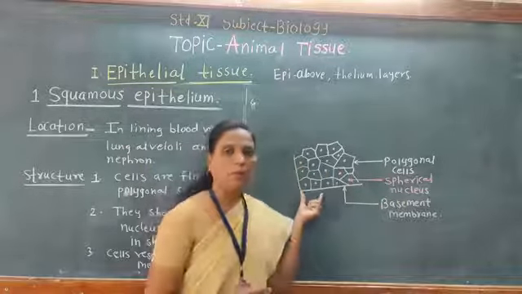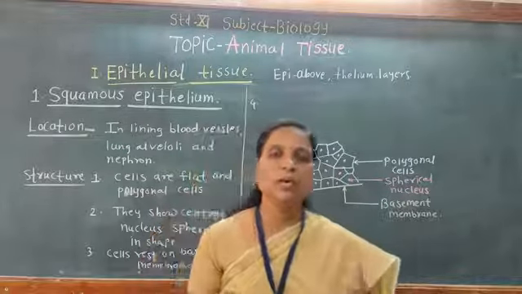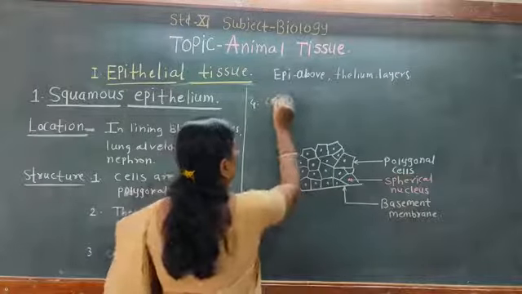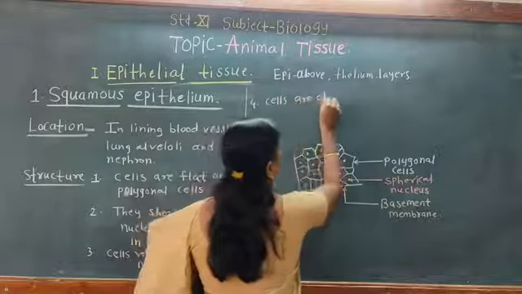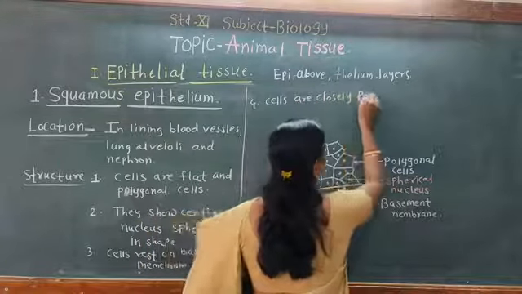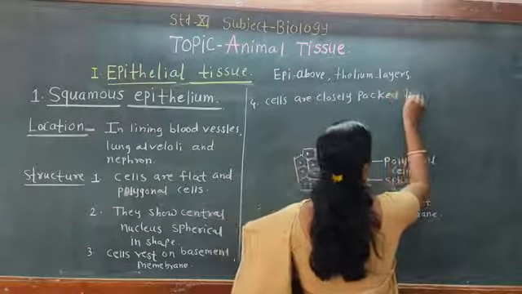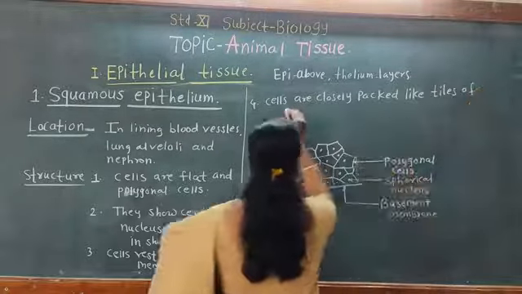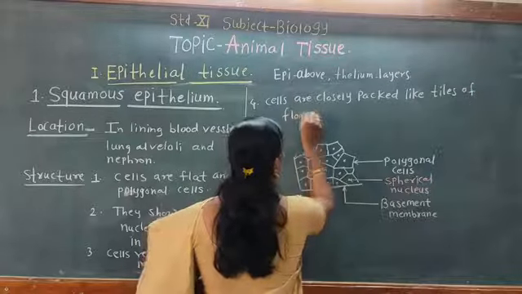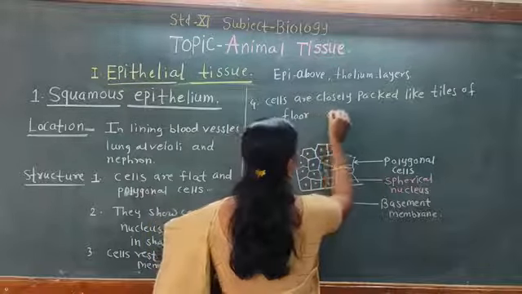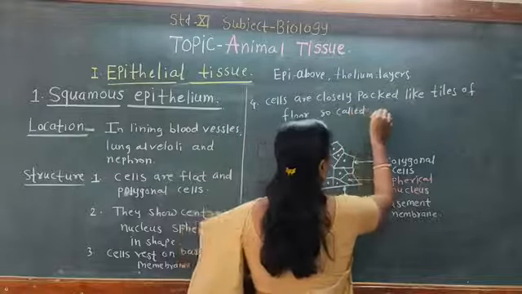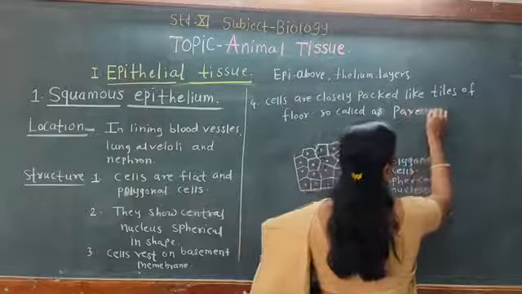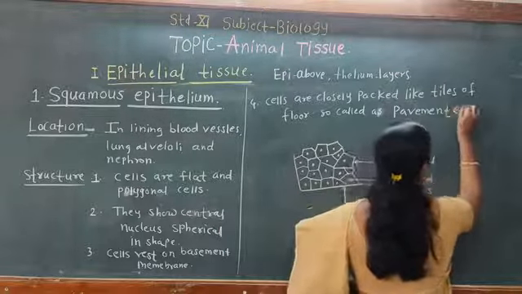So this epithelium is also called pavement epithelium. Why is it called pavement epithelium? Because cells are closely packed like tiles of floor. So it is called pavement epithelium.